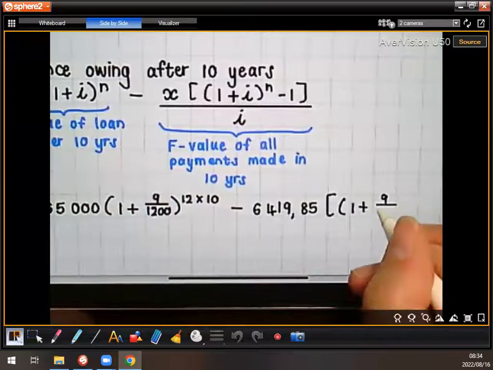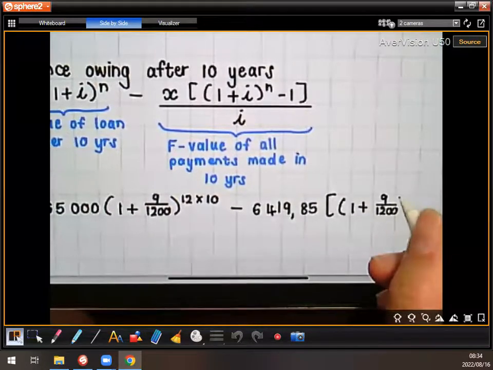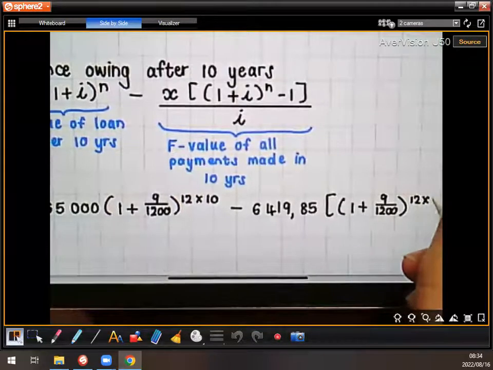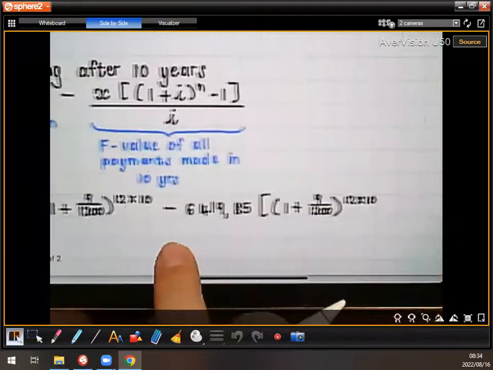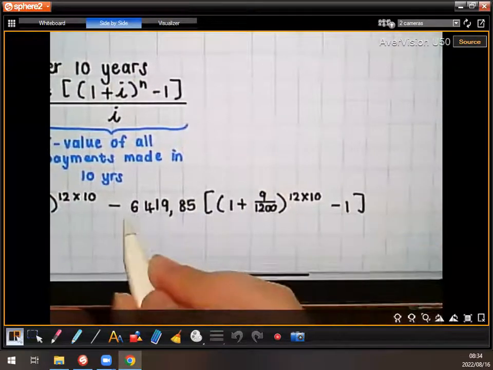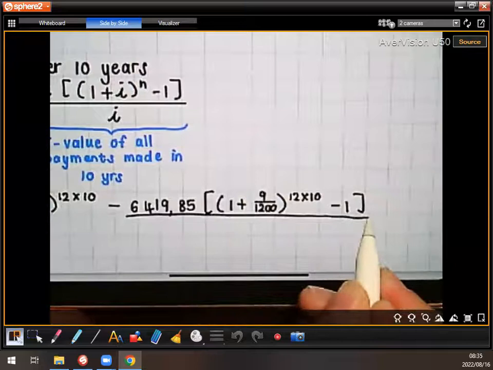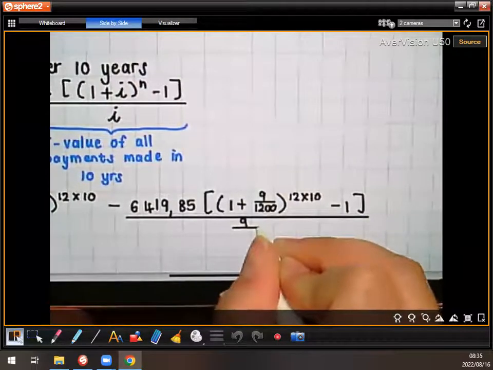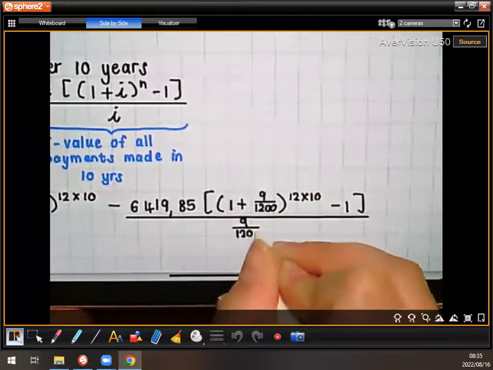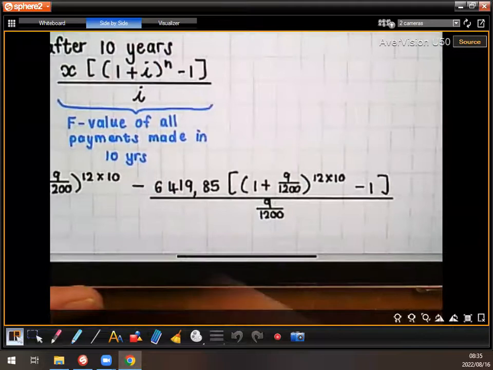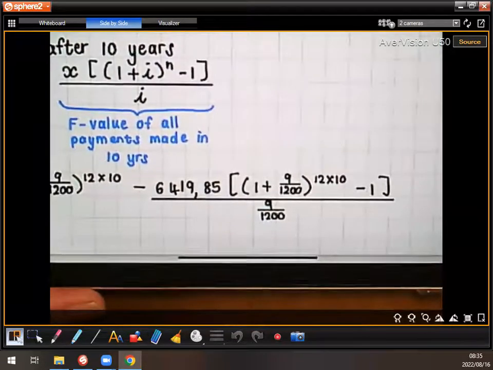So the interest was 9% monthly. Now this is to the 12 times 10 again, minus 1, and that is all over that same interest rate. Okay, now you would have to type that whole thing into the calculator.